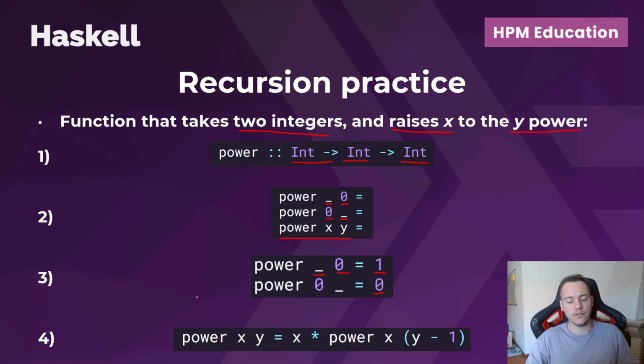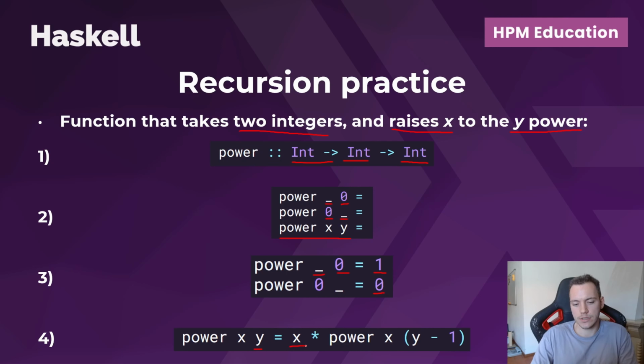And then finally, the fourth step is to define the final recursive case, the tougher case. And there we have power x and y. So we can say, in general, if we raise a number to a power, it means we are just multiplying it by itself, whatever number of times is defined in the power argument, so y.